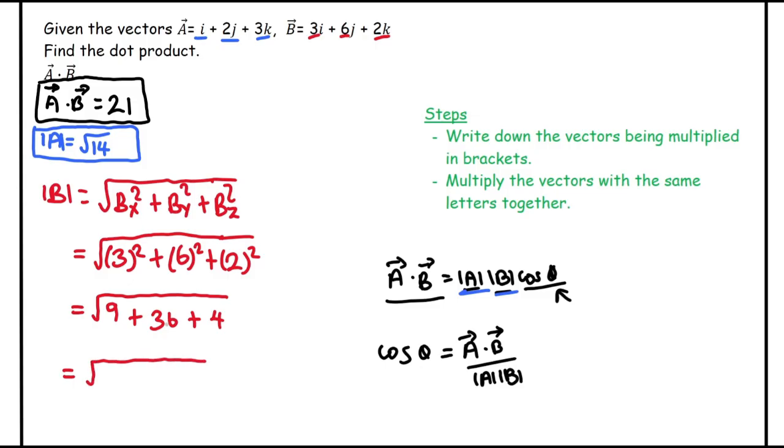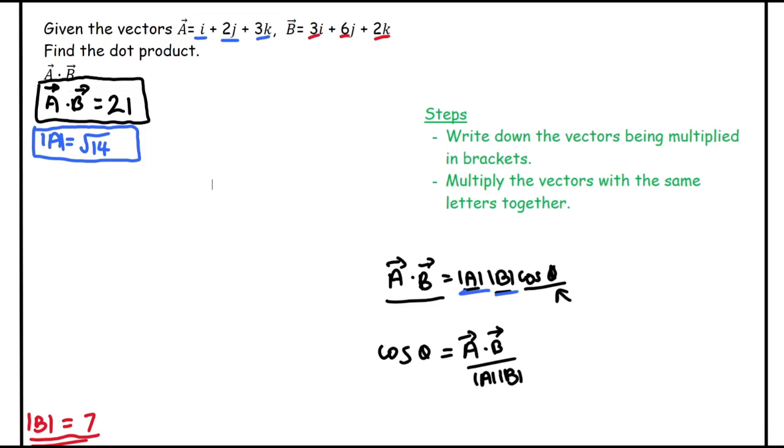And what's 9 plus 36 plus 4? That's 49. The square root gives us 7. Therefore, the magnitude of B is equal to 7. Let's write it down here.